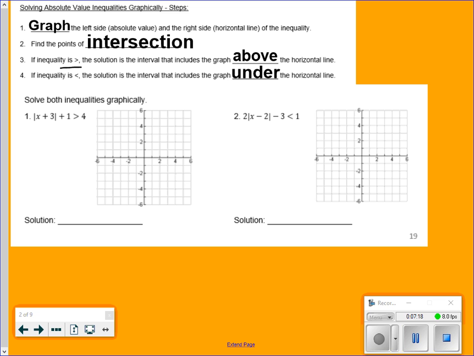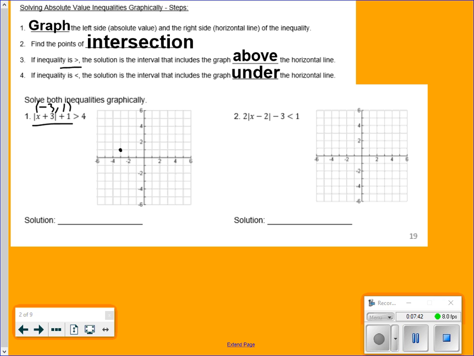Okay, so let's go ahead and graph our problem number 1, so I can explain what 3 and 4 actually mean with some visual representations. So remember, we graphed each side of the inequality by themselves. And remember the little trick to graphing these really quickly. Go to your vertex. In this case, it's -3, +1, your h, k.